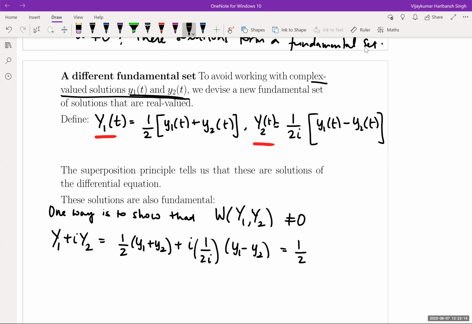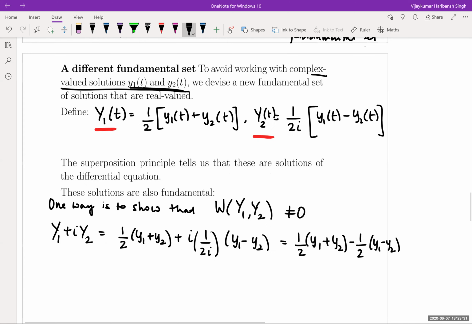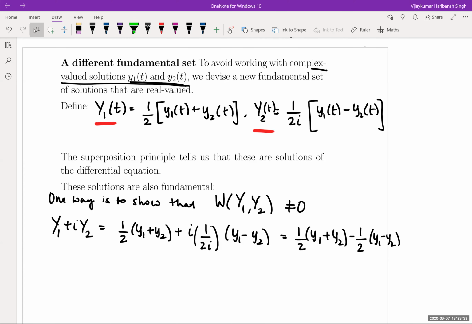Half y1 plus y2 minus half y1 minus y2. Now you can see that half y1 and half y1 cancel, half y2 and half y2 add, and we get y2.